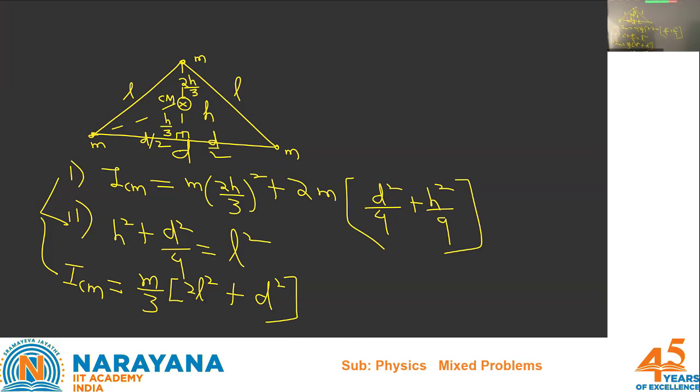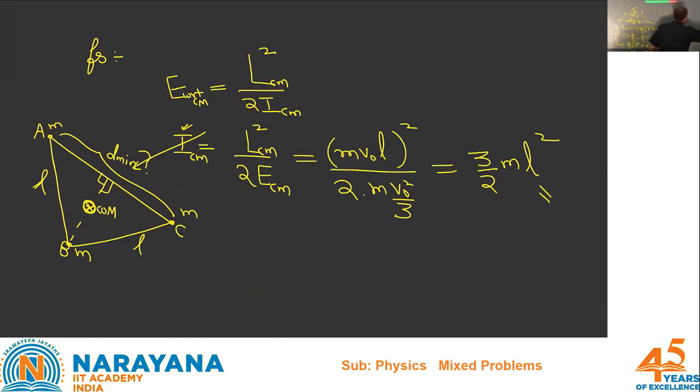Just a small recap. If I want to write the moment of inertia, whichever way you are comfortable, you need to have this expression. If you had this expression of ICM, I can directly jump back to the problem, and I would have directly said that this should be equal to M by 3 multiplied by 2L square plus D min square.